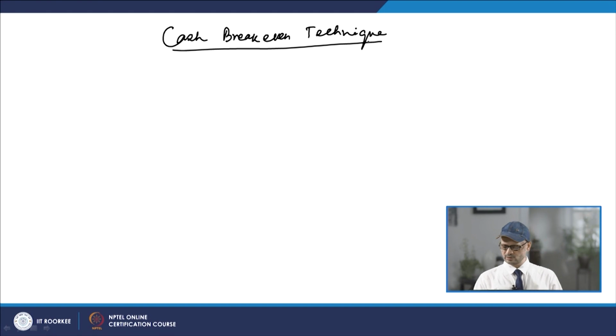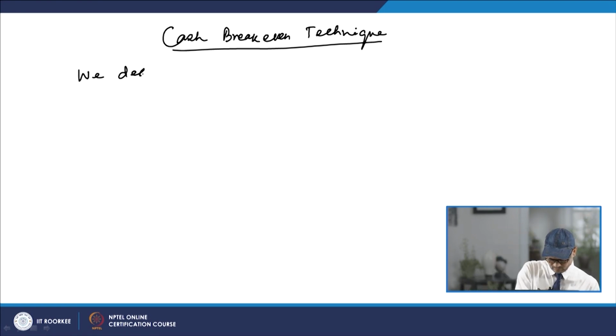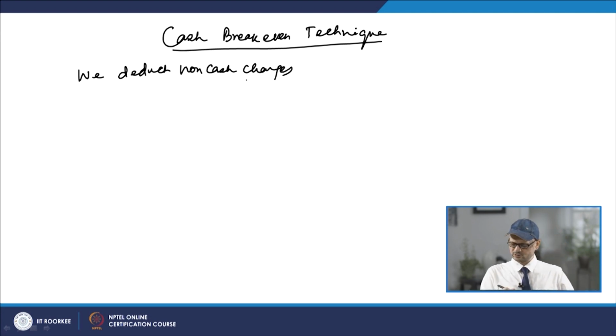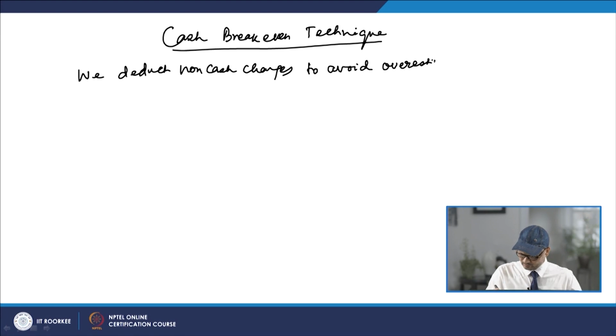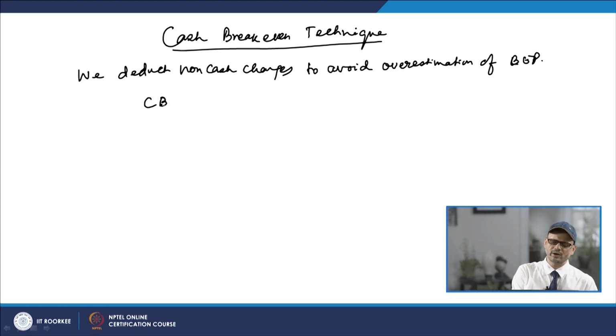So, we deduct these non cash charges to avoid overestimation of the break even quantity or break even point. What we do is known as the cash break even point.